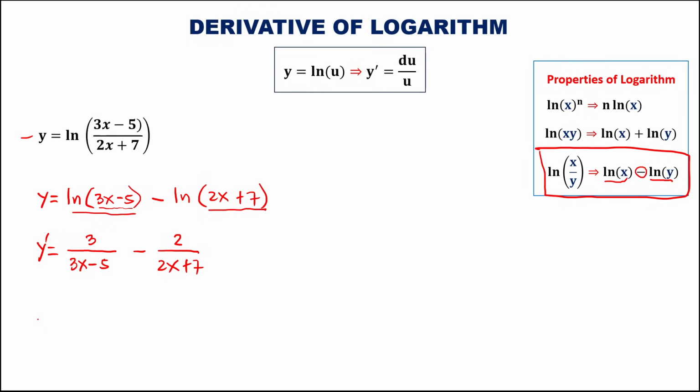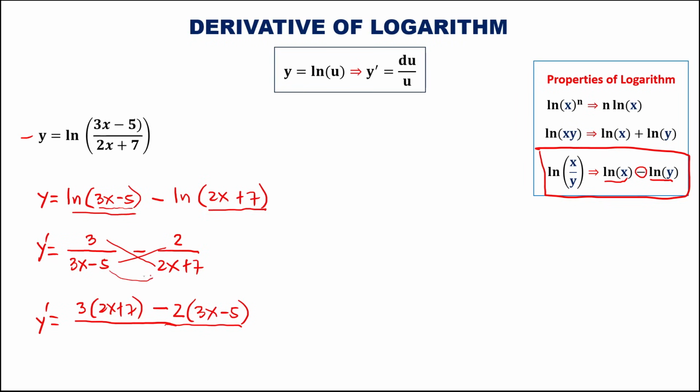Then this time we need to simplify. Using the butterfly method, multiply: this is 3 times (2x plus 7), then minus, multiply, so this becomes 2 times (3x minus 5).